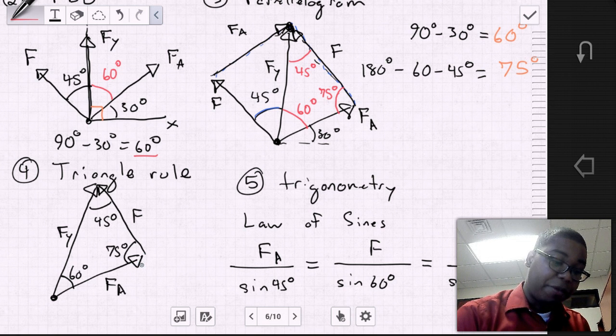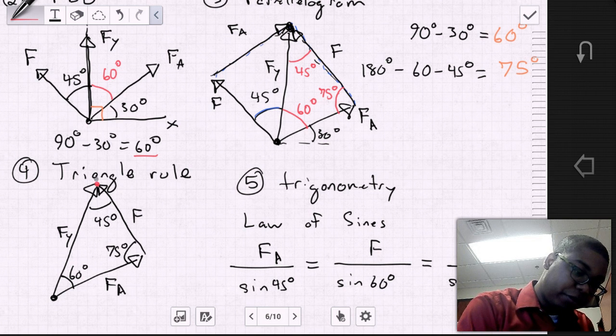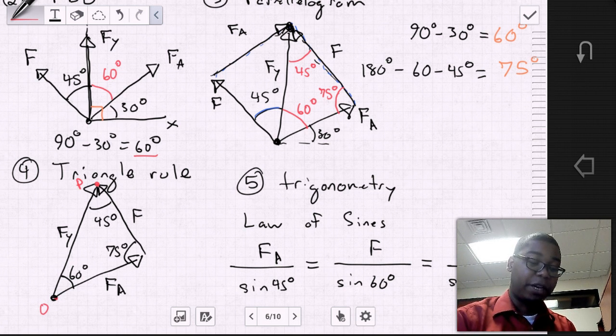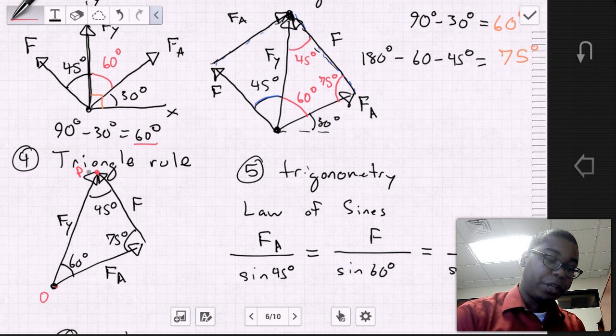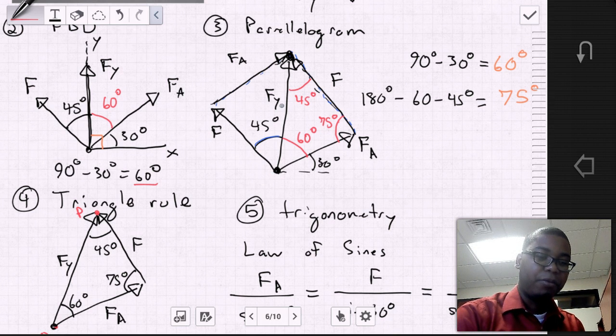And then F goes from the head of Fa to its own head. And then we have point P, and we have our point O. And our force resultant Fy goes from point O to point P. Now, if we look at this triangle and also at our parallelogram, we know that the triangle is only 1/2 of the parallelogram, going down the line from point O to point P.